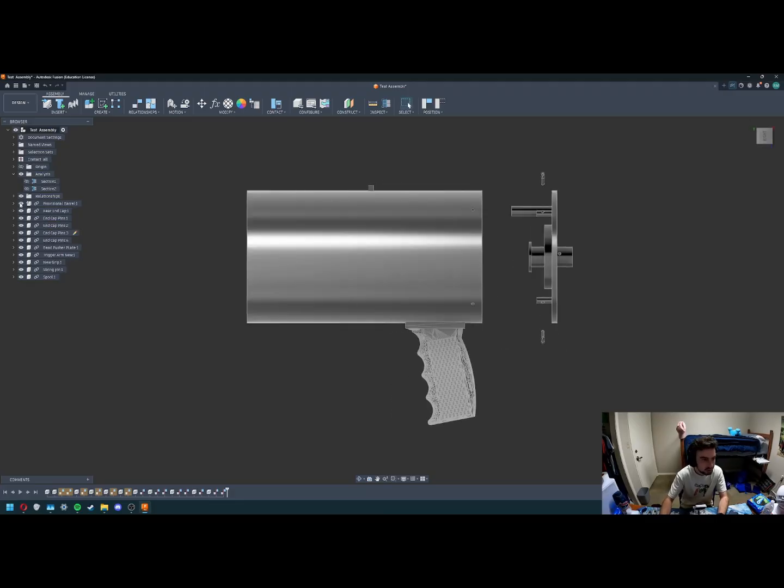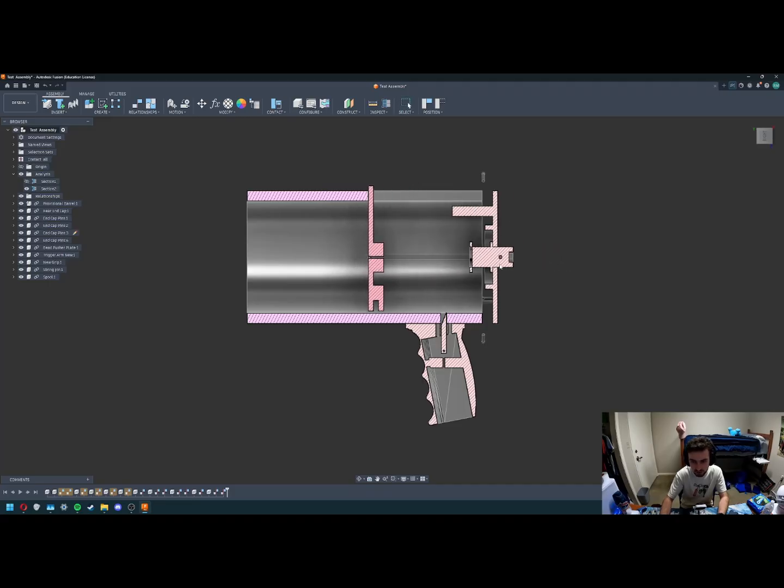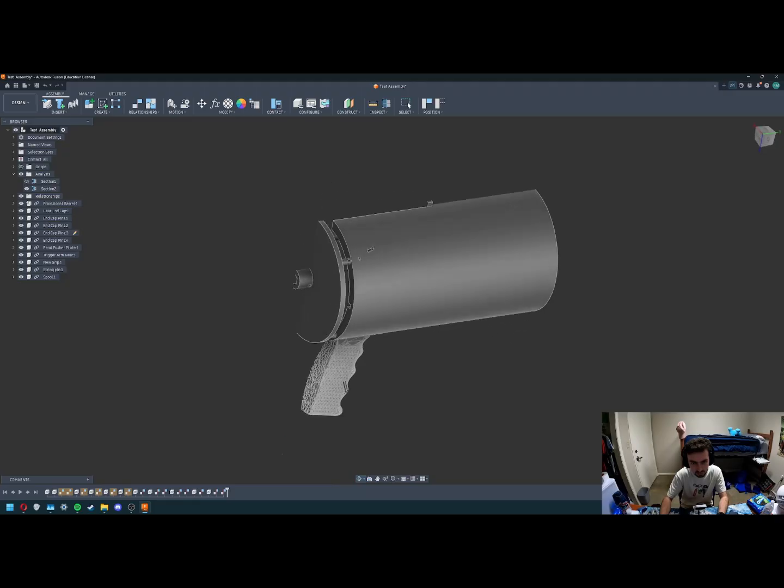And then if we turn on sectional analysis, you can see the bead pusher plate is free to move in here. And if we bring this back, why does it not? There we go. Just a little buggy sometimes.